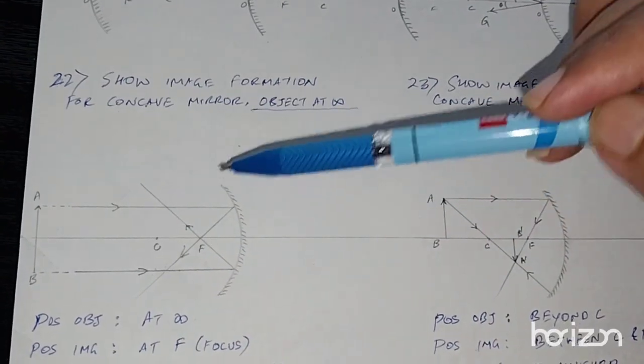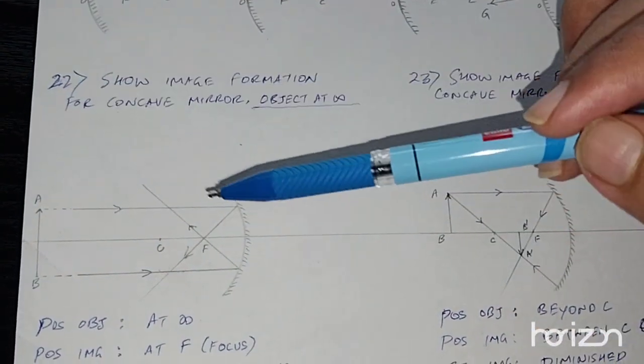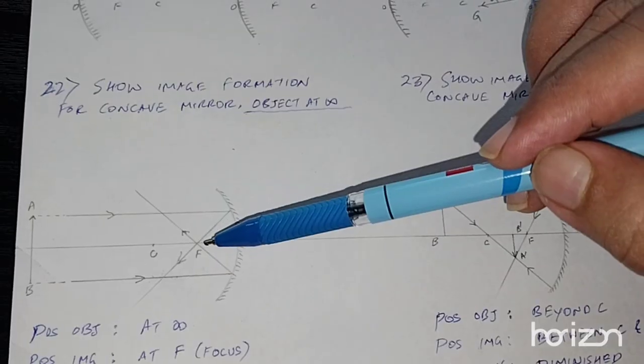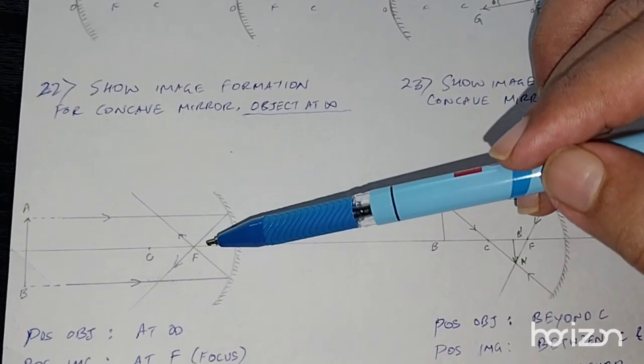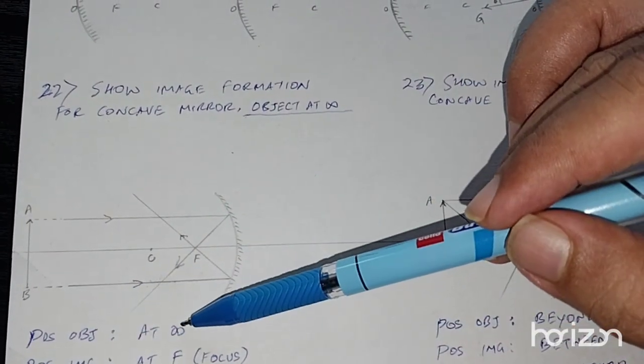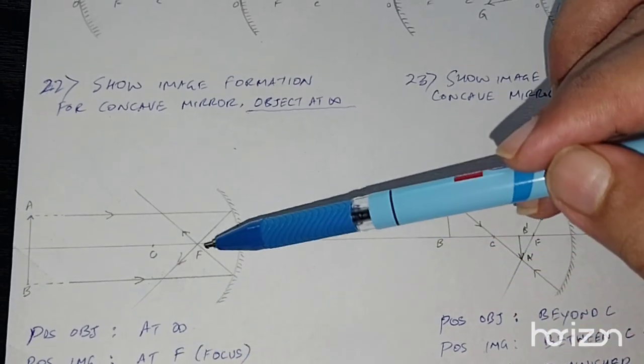For a concave mirror, if you place the object at infinity, the image is formed at the focal point. So position of object is at infinity, position of image is at focus.